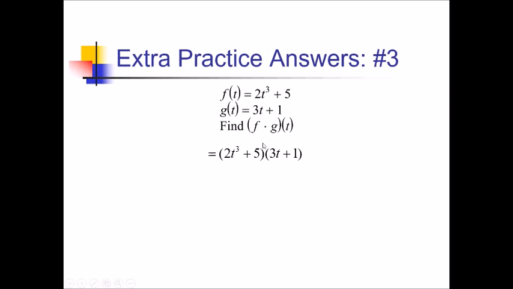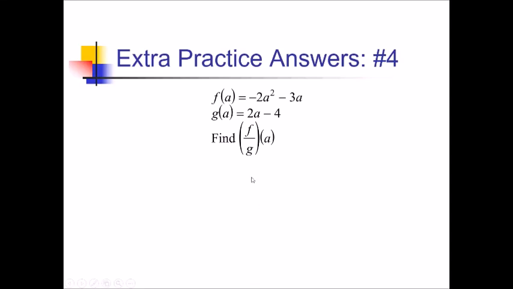So we have 2t cubed times 3t, that's going to be 6t to the 4th, and then the outers is going to give us 2t cubed. Inners, that's 5 times 3t is 15t, and the lasts, 5 times 1 gives us plus 5. And if we look here to combine like terms, there's actually nothing to combine, and as it happens, we're also going in decreasing order of exponents, so even better, we're done.